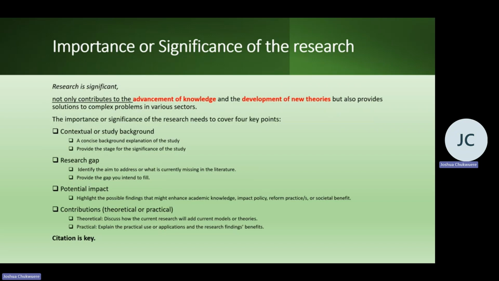So now, when you write this section of your research, the importance or the significance, you'll be able to let the reader understand how your research is going to advance knowledge, develop theory, as the case may be, but also how it's going to solve problems that are known, that you have found within the literature.